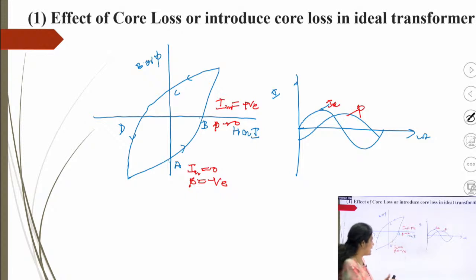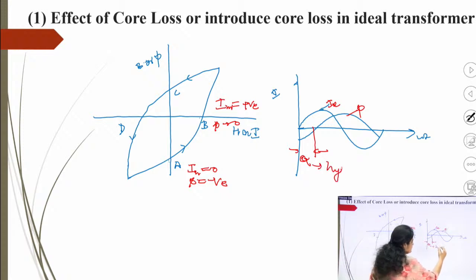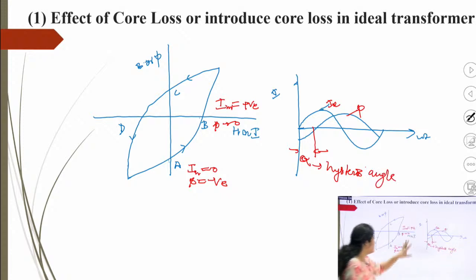How much angle will it lead? That angle is called the hysteresis angle. So the observation is that the magnetizing current actually leads the flux, because of this hysteresis loop.